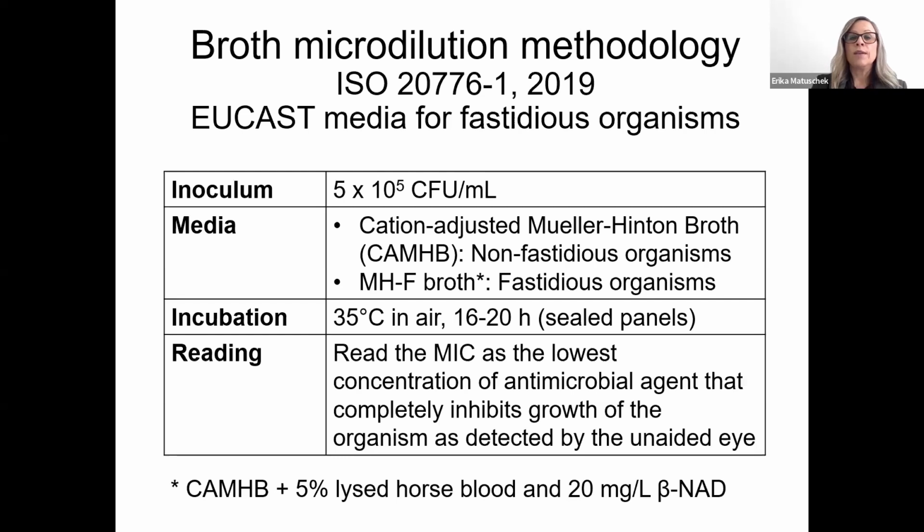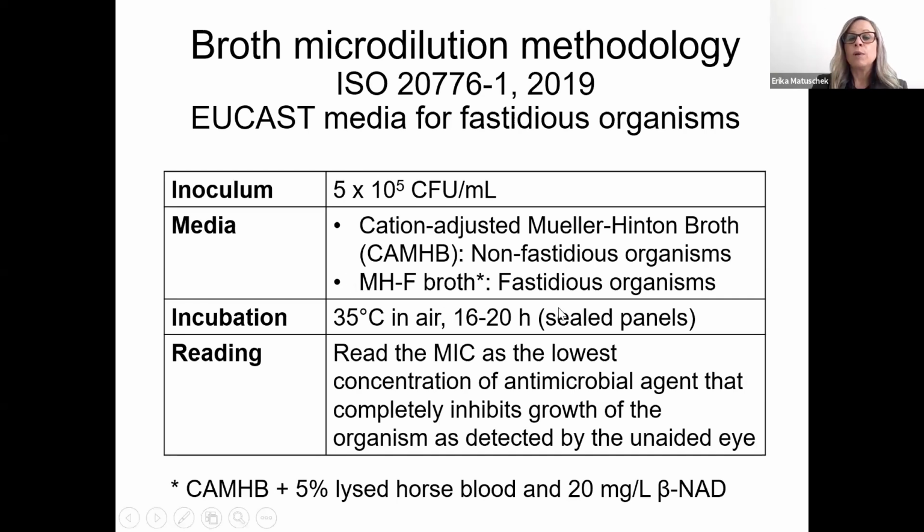So just very shortly, this is the recommended method for broth microdilution. We don't have a specific EUCAST document for this. We say that you should perform broth microdilution according to the ISO standard, but the ISO standard does not cover fastidious organisms.